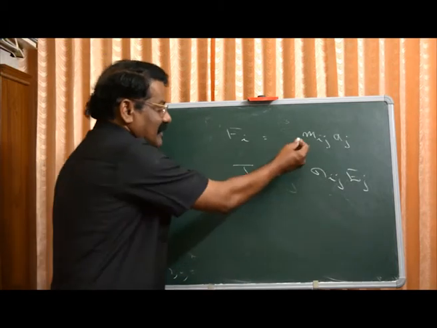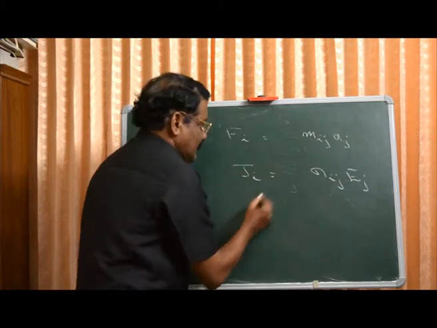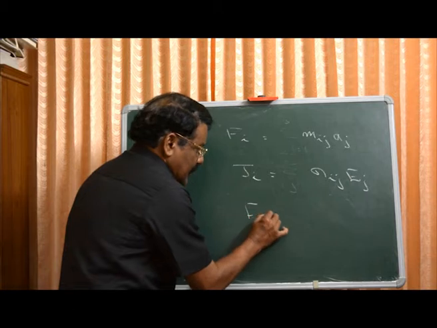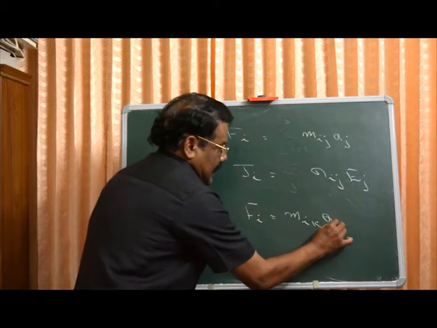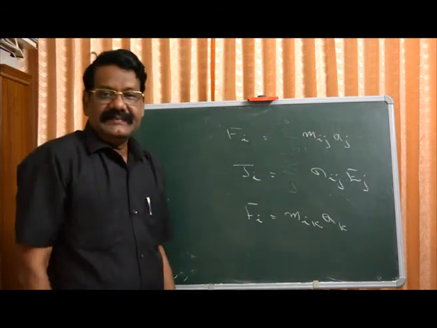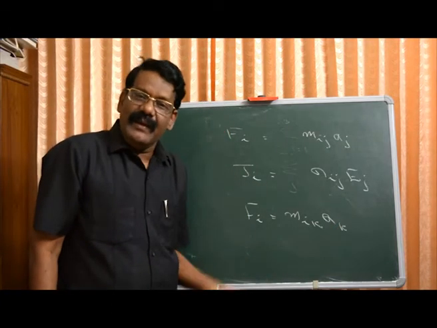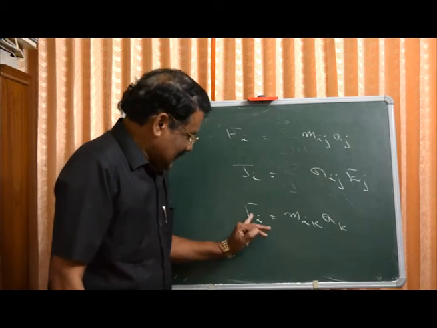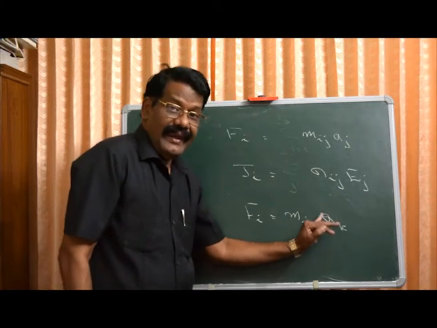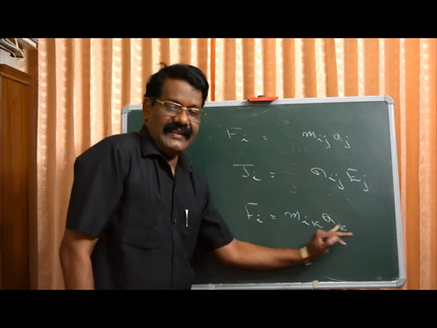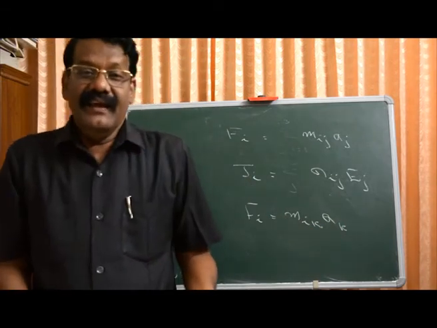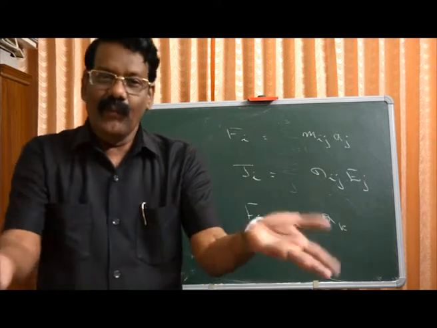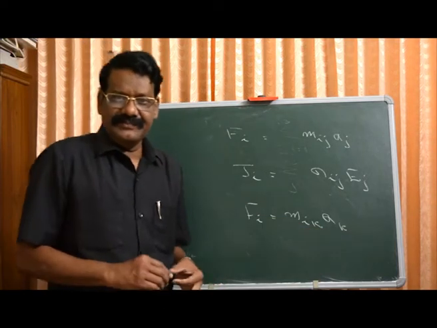For example, instead of j, I can very well write f_i equals m_ik a_k. This is the meaning of dummy. Or you can write f_i equals m_il a_l. This is called a dummy index. A dummy index can be replaced at your will. Any letter can be used.